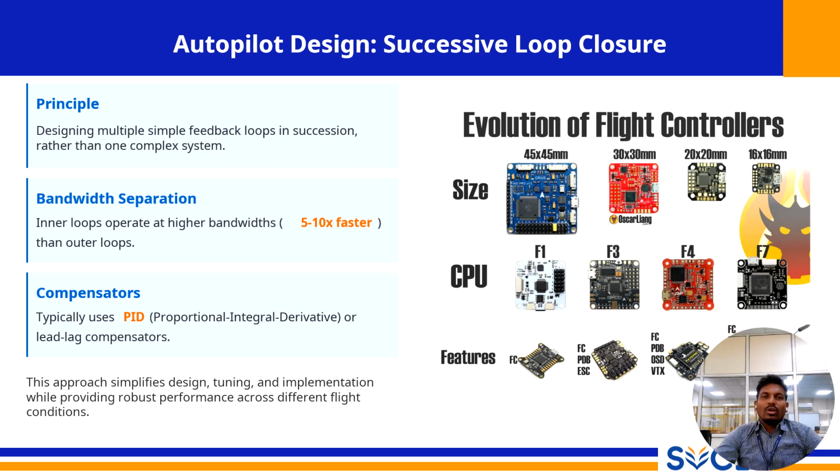The innermost, fastest loop handles the most basic stabilization, and each successive outer loop gives commands to the one inside it. This cascaded structure is a classic and highly effective control strategy.